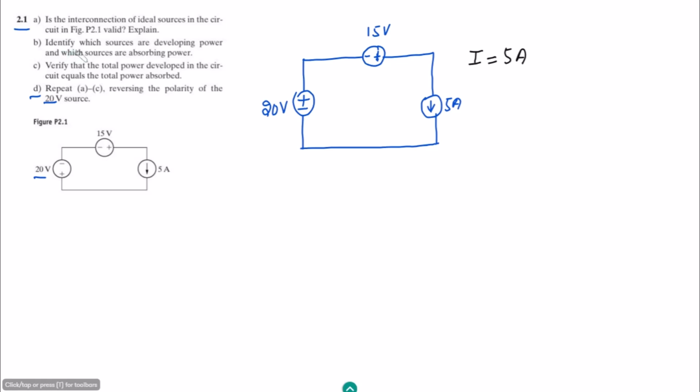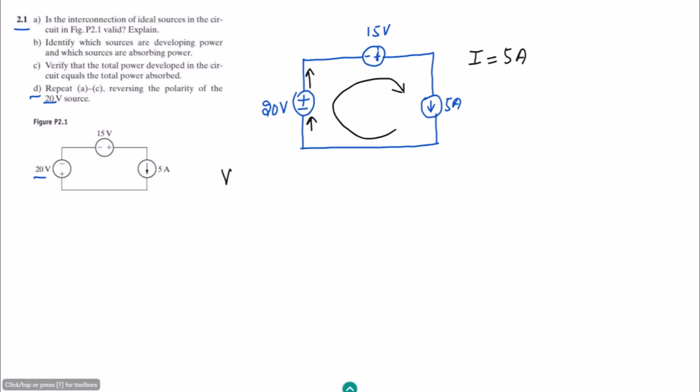The part B is identify which sources are developing power and which sources are absorbing power. Okay, so let me have this current. So this is the current, and we can see that here it is moving in from negative and coming out of this positive.